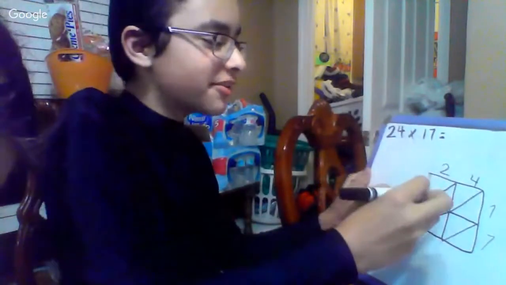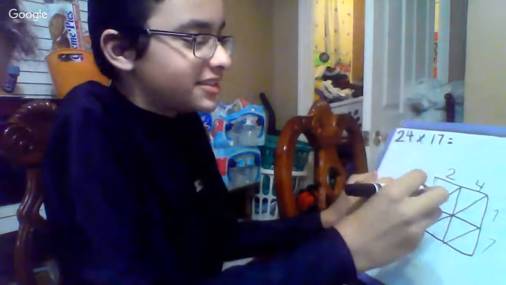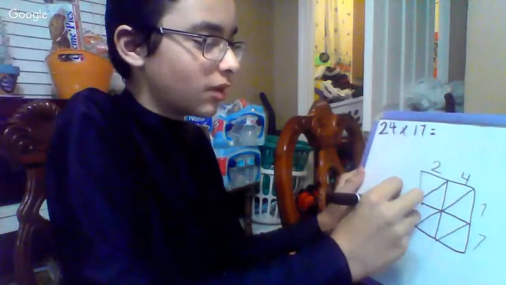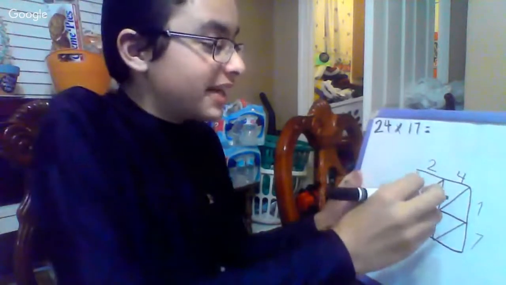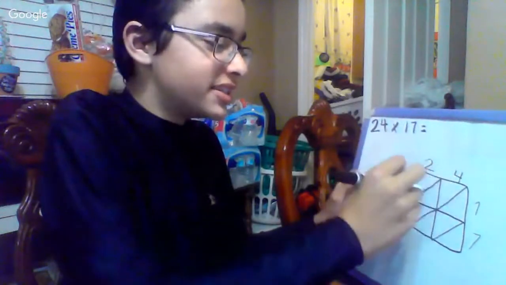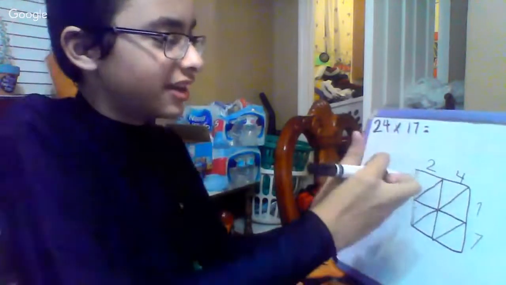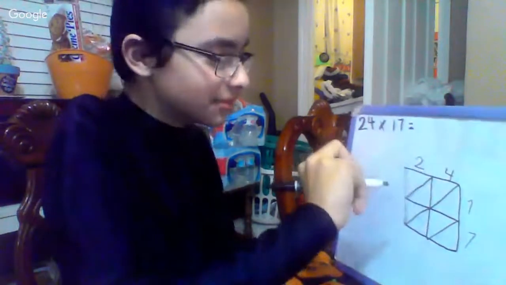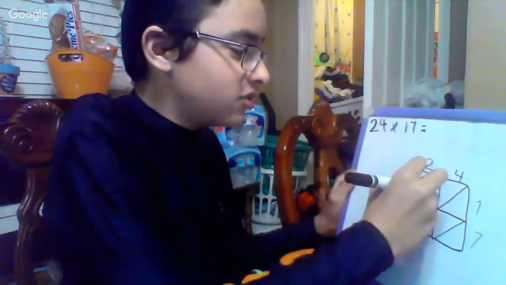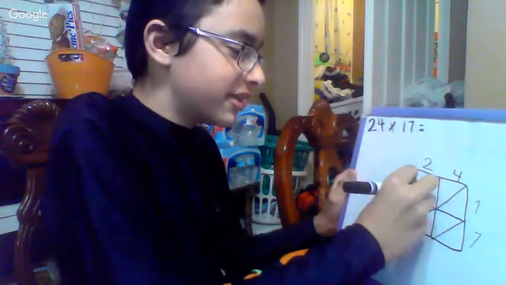Now what you do from here is basically just a bunch of simple one-digit by one-digit multiplication. You take each intersection and multiply its digits together. So we're going to start out with 2 times 1, which is 2. And 2 is a one-digit number, so you just write 0 here and 2 here.